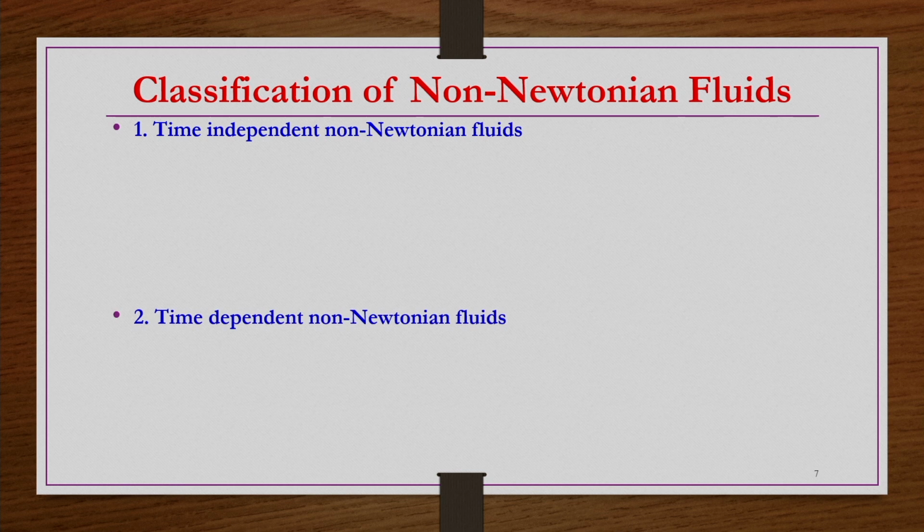These materials, in addition to depending on the shear rate, may also depend on the duration of shearing. And then some materials have both elastic and viscous nature under different situations. Those materials are known as viscoelastic fluids. So broadly, these are the three ways we can classify non-Newtonian fluids.